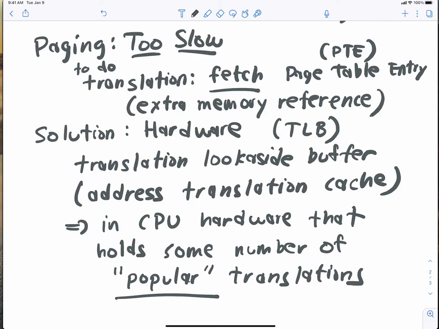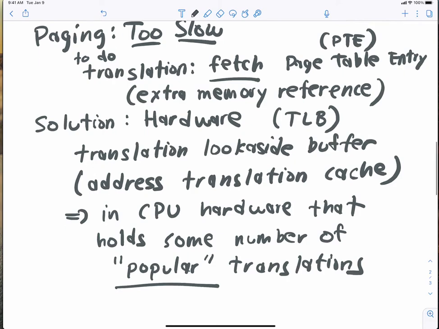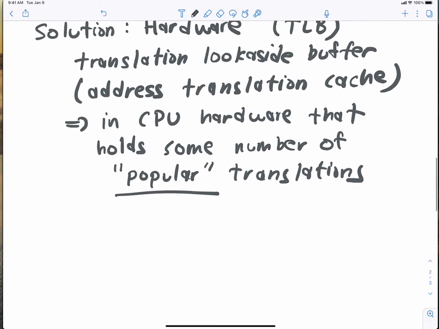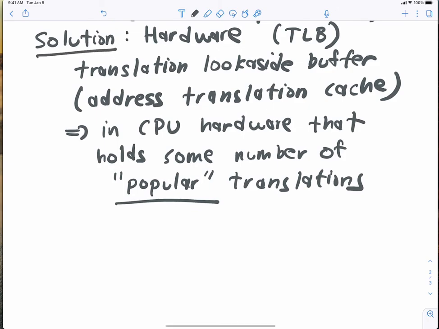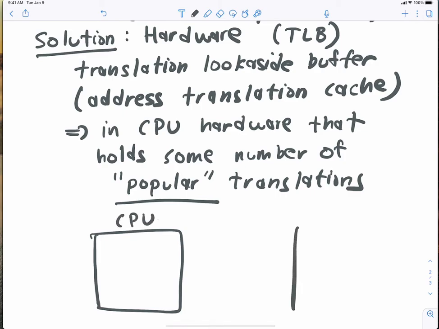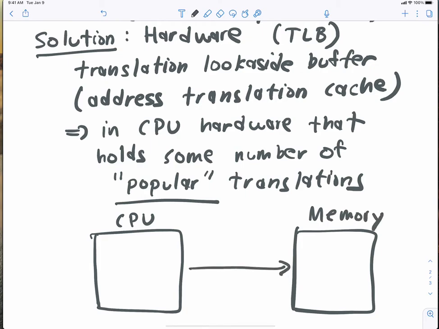So if we think about this diagrammatically, we can think of our old friend, the CPU. Over here we have our physical memory. Of course, when the CPU talks to memory, it has to talk to it in terms of physical addresses, and then it gets back some kind of data. So the CPU has to present physical addresses.